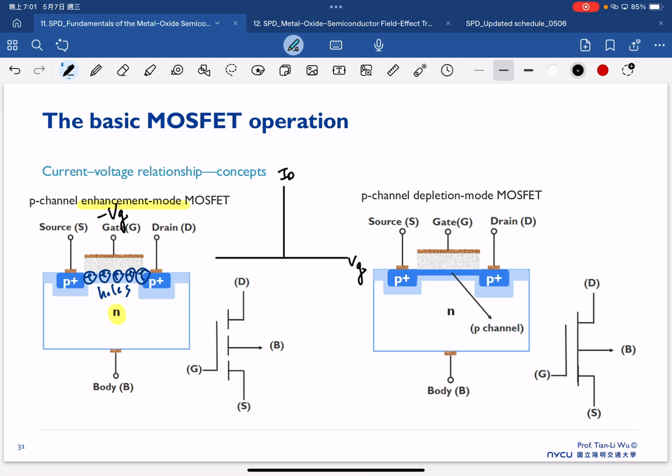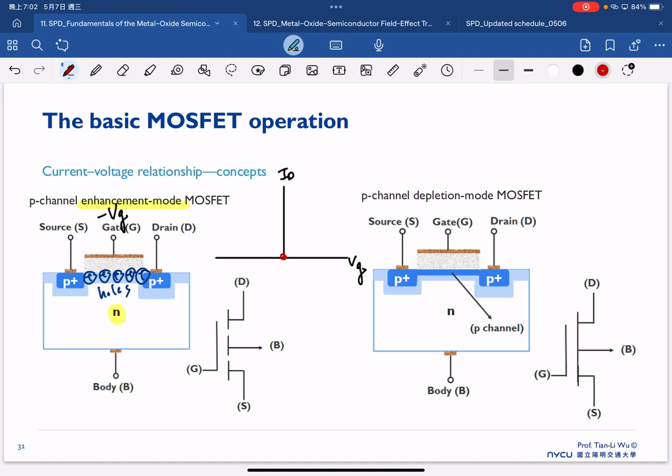we first apply 0 volt, and there's no current, because there are no holes yet in the channel, so at 0 volt there's no current.